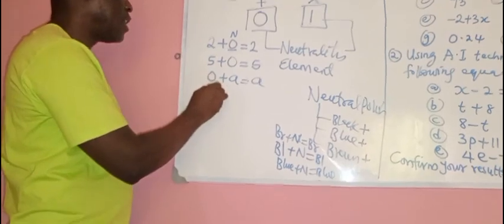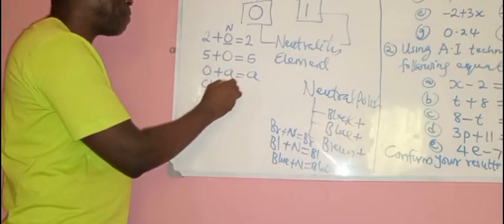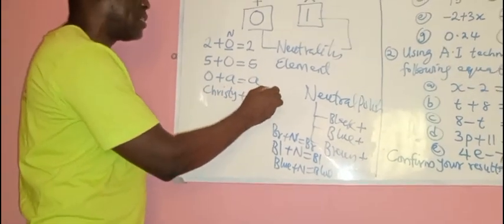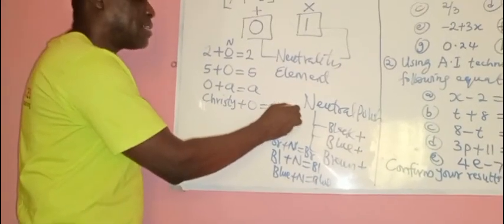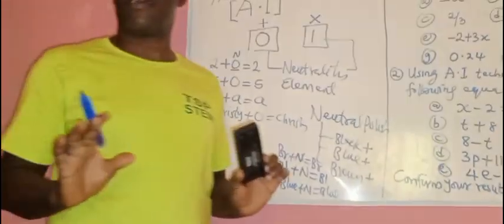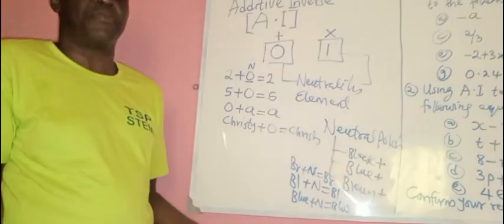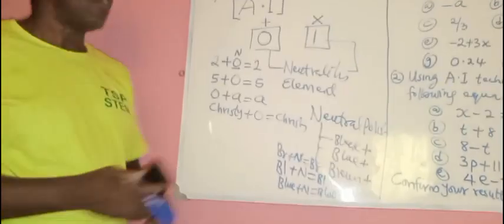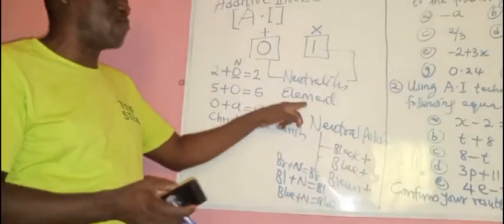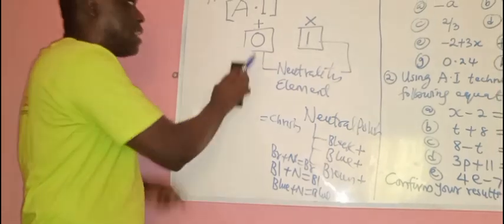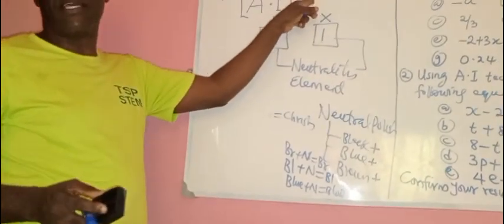Christy. If you say Christy plus 0, it remains Christy, it doesn't change Christy. It's still Christy even if I add 0 to you. It doesn't affect you. Is that clear? Okay, so it means that 0 is neutral. Now, I'm going somewhere because I will use this idea to discuss additive inverse.